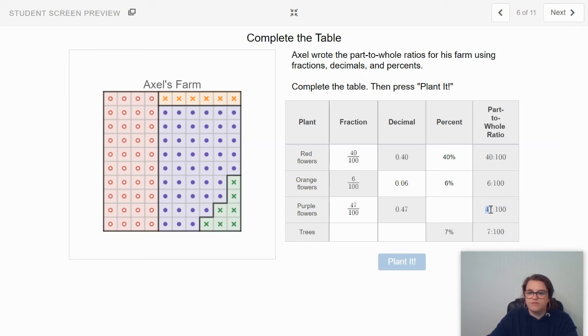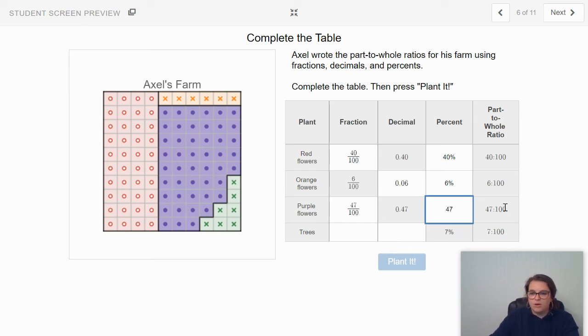So we can write the 4 tens right behind the decimal. And then we include our ones as well. So 0.47. And for the percent, again, easy enough. We just have to write the number if our whole is 100. You just have to write the number, and then we can include our percent sign.